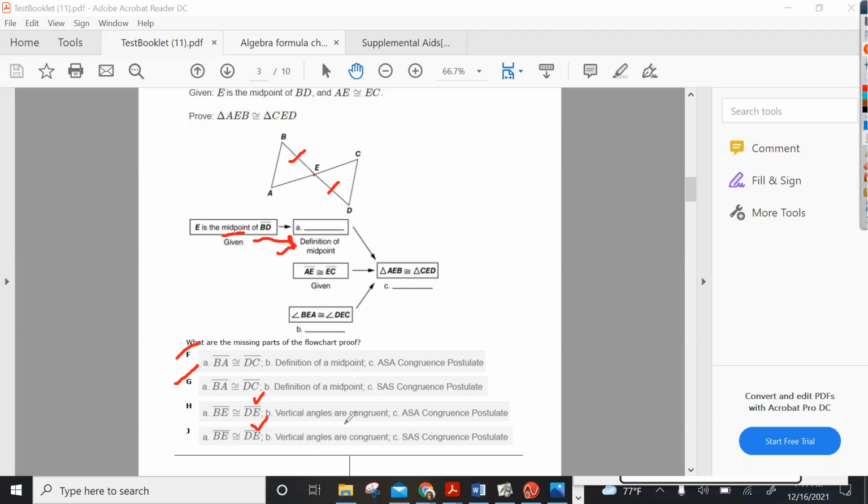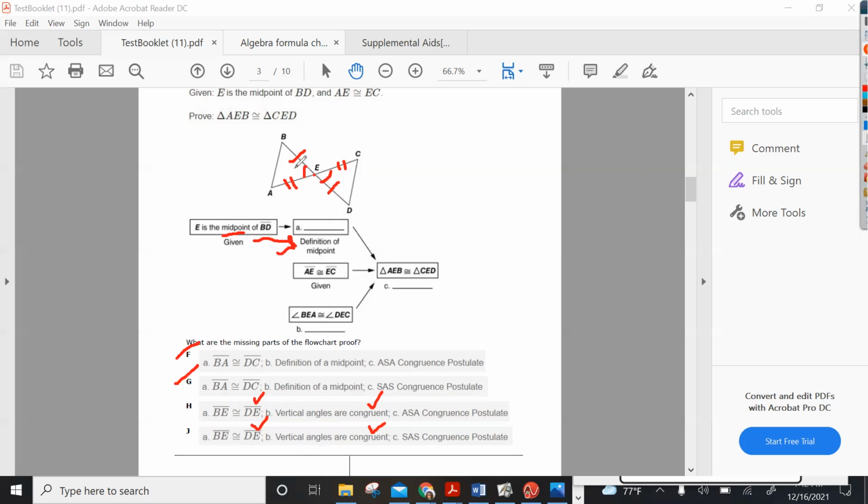So we don't really have to do too much here just because we already see it, but they're the same. So we know that these are going to be vertical angles. So check, check, because they're exactly the same. Now, the other thing it says is line segment AE is congruent to EC.